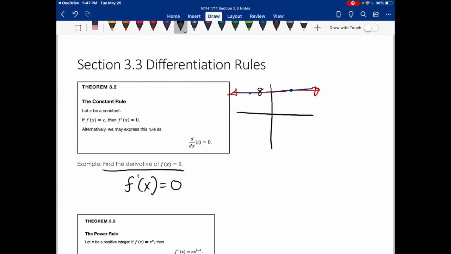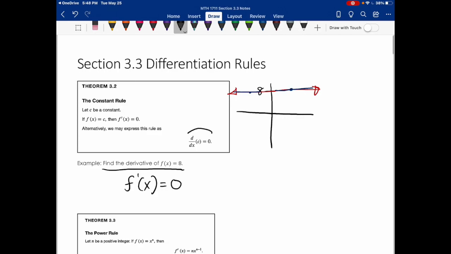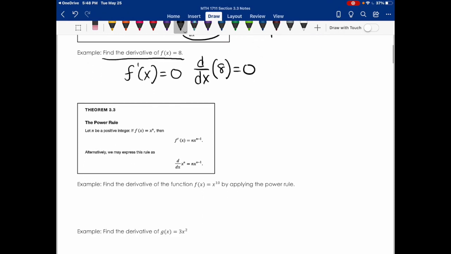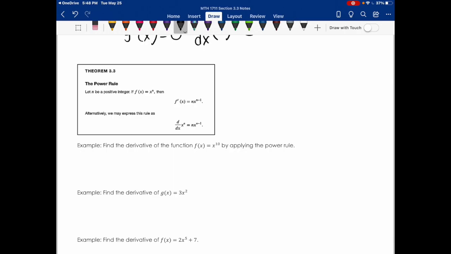So I would write down the derivative of f is 0. Now you can also write it using this notation as well, where I could write the derivative of 8 is equal to 0. So that's our first rule.